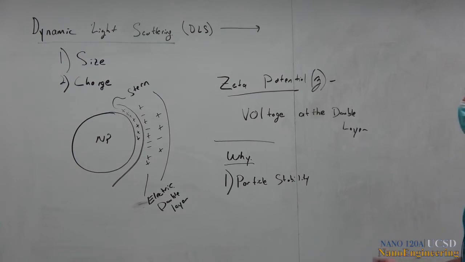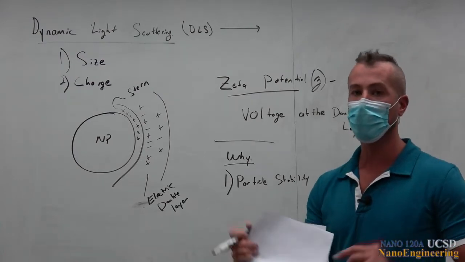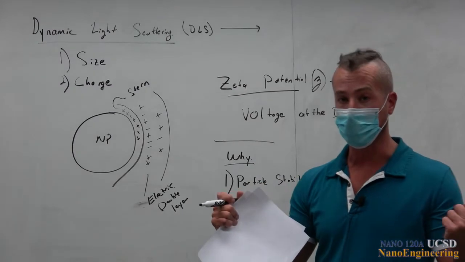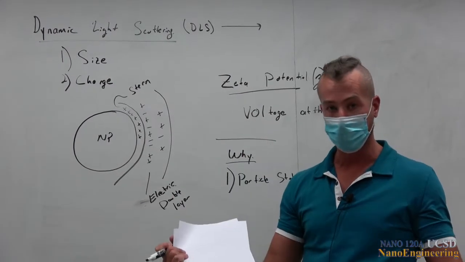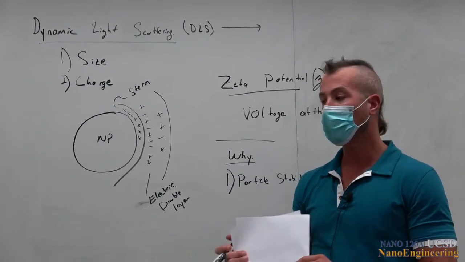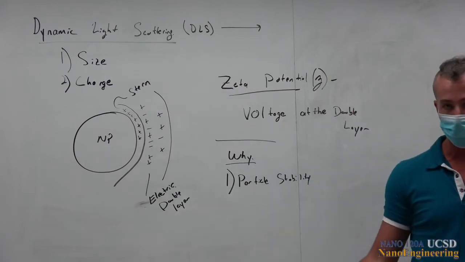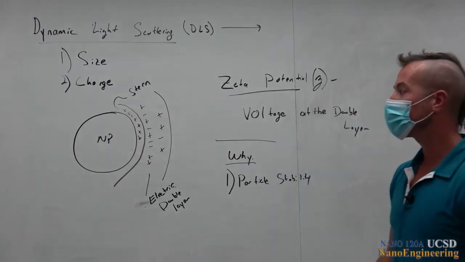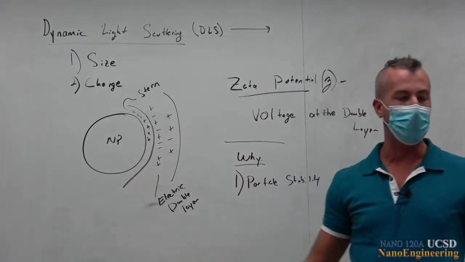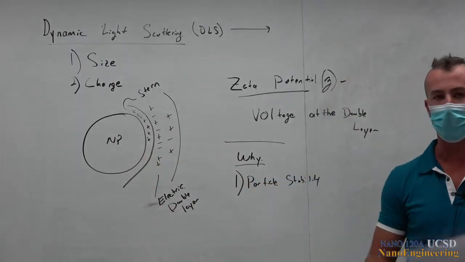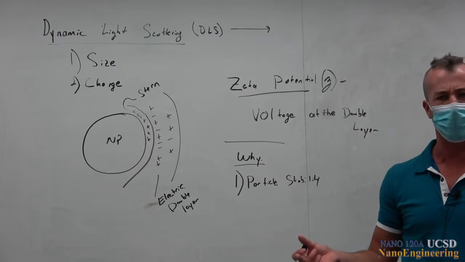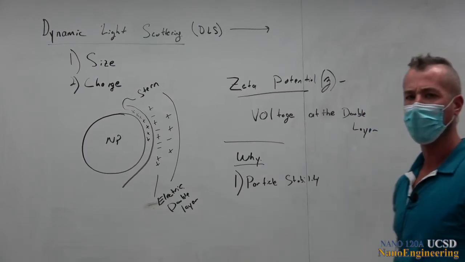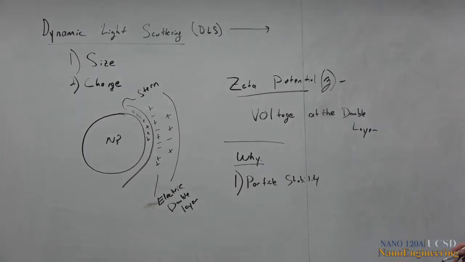And hopefully that makes sense, that if you have two really negative particles, they're going to really repulse, right? And if we have two really positive particles, they're going to repulse, right? It's pretty unlikely that you very often make a solution of positive and negatively charged particles, right? Generally, all of your particles are going to have the same charge, right?